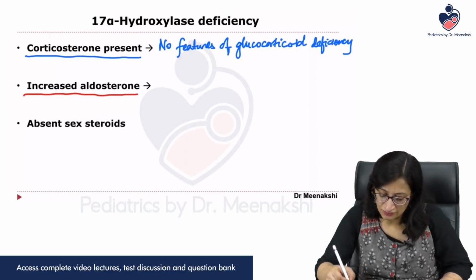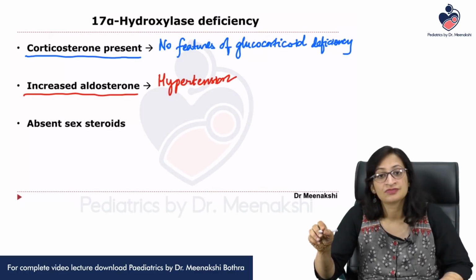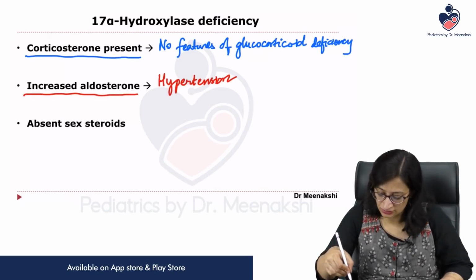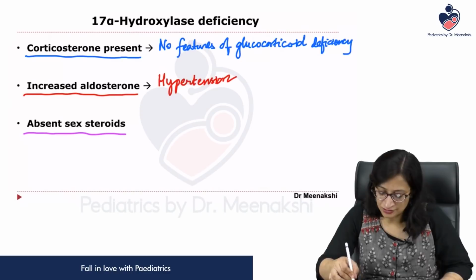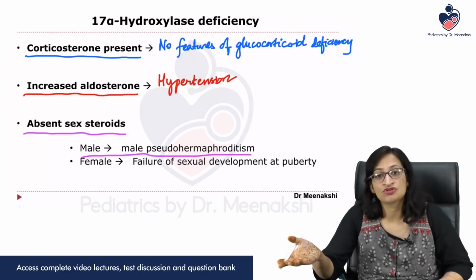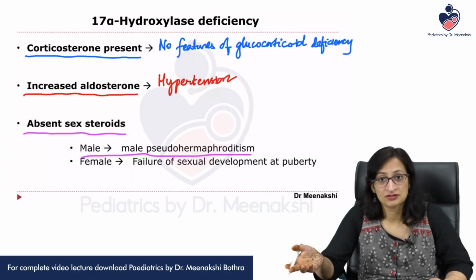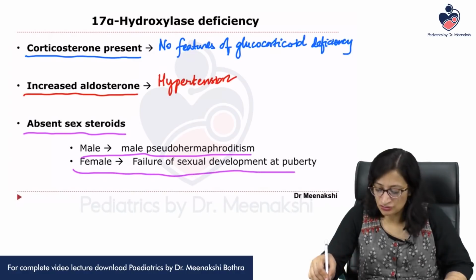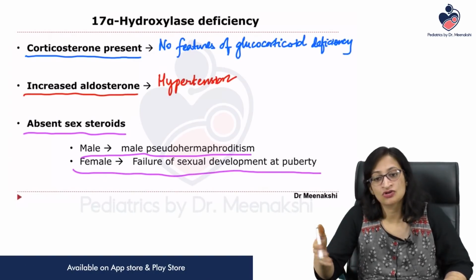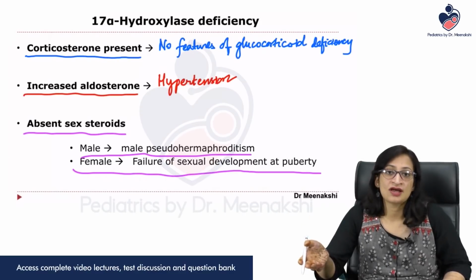So what will happen? There will be hypertension. Excess sodium and water will get absorbed. And sex steroids are absent. So in males, we can get male pseudohermaphroditism. That means male genitalia will appear like that of a female. While females will have normal genitalia at birth but failure of sexual development at puberty. So that is what happens in 17-alpha hydroxylase deficiency.